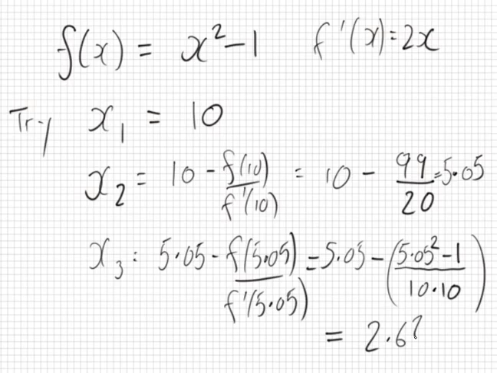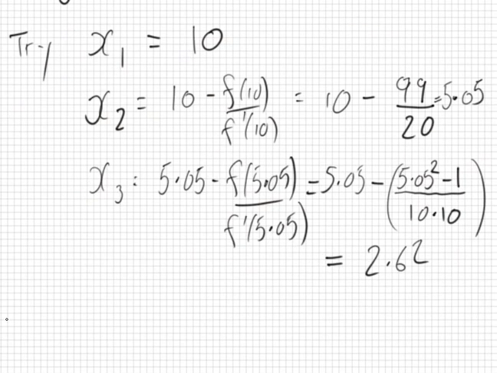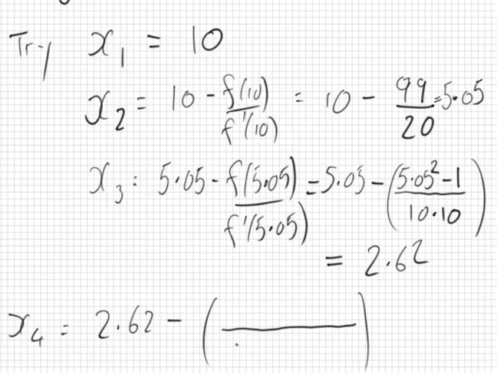2.62. Okay, so the next one, x4, would equal 2.62 minus 2 times 2.62, and then 2.62 squared minus 1. Okay, so what would that be?